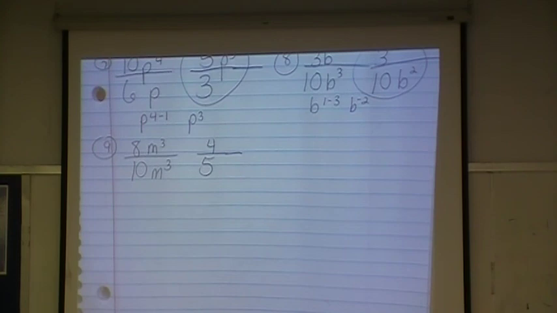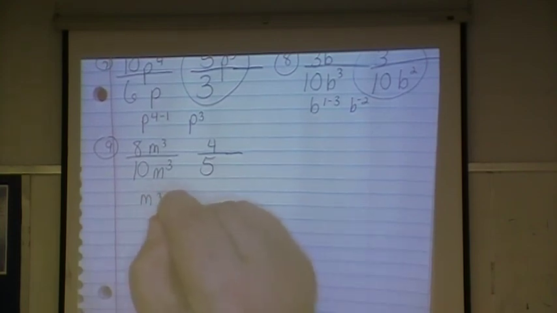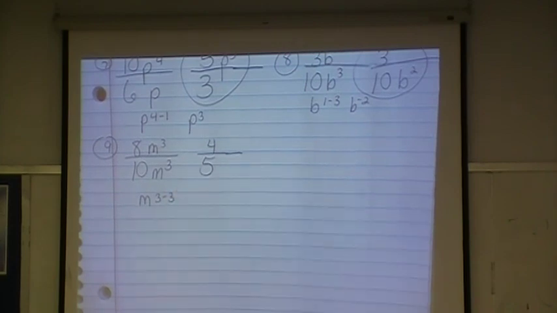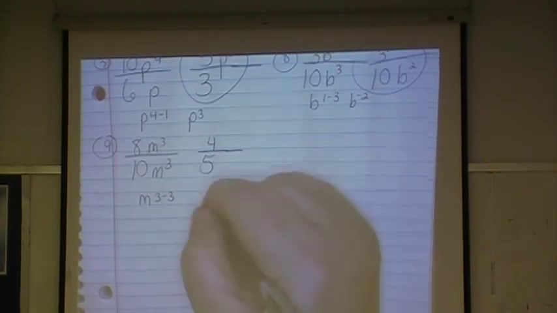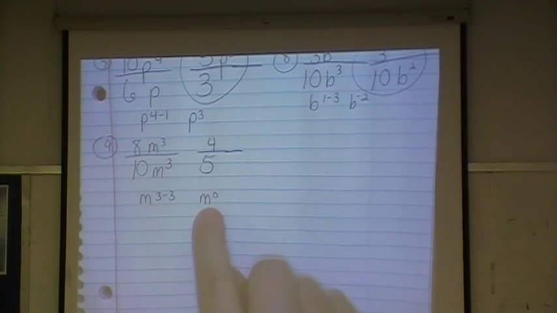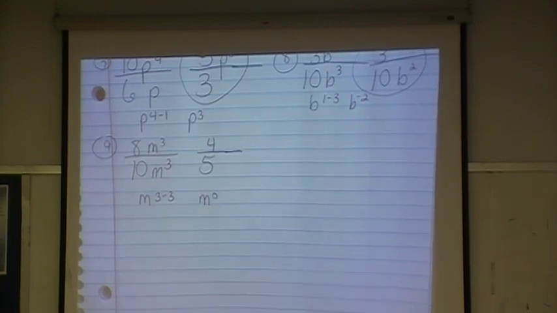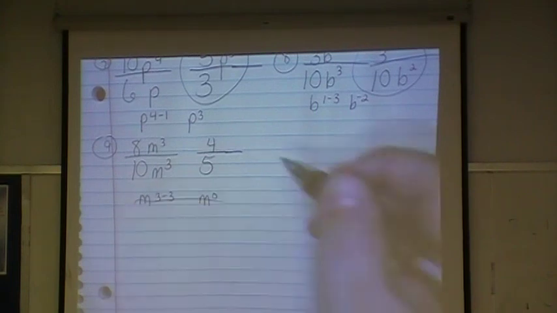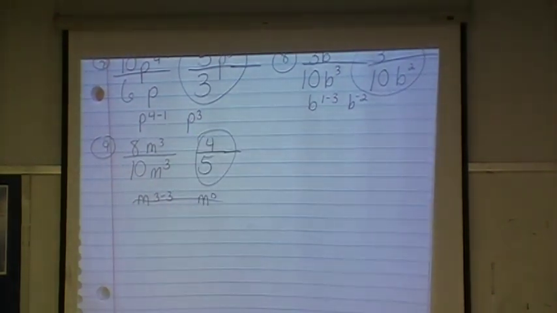Okay, how am I going to subtract this one? 3 minus 3. What is 3 minus 3, Avery? Okay, look guys, what do I have here? M to the 0. What does anything raised to the 0 power turn into? 1. That means the m's are gone. My answer is just 4/5.